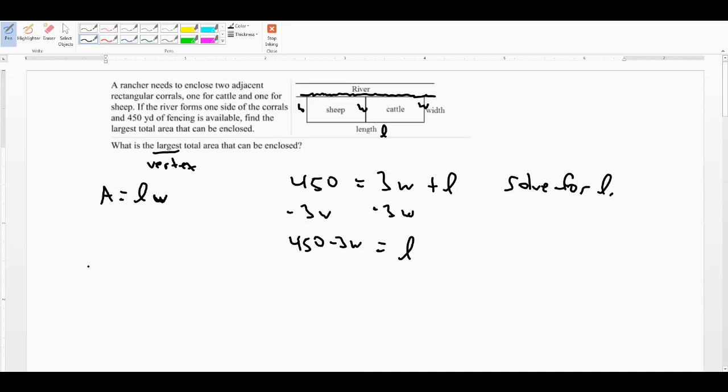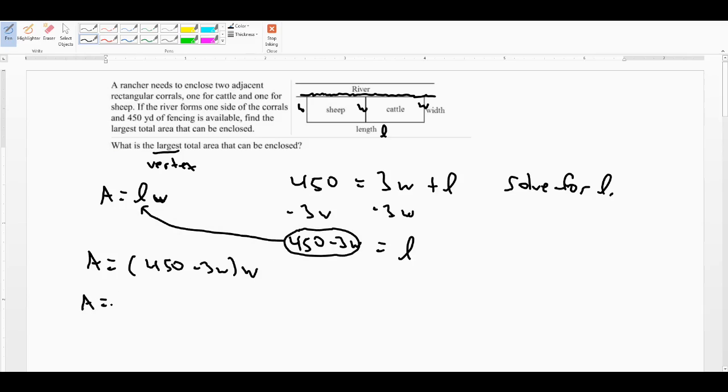So what I'm going to do, I'm going to take what that L is, which is 450 minus 3W, and replace it for the L here, and then I still have this other W. So I just substituted this for L. That's all I've done.